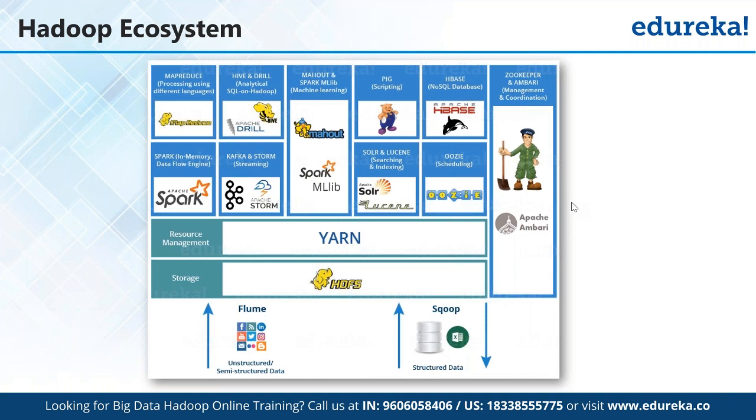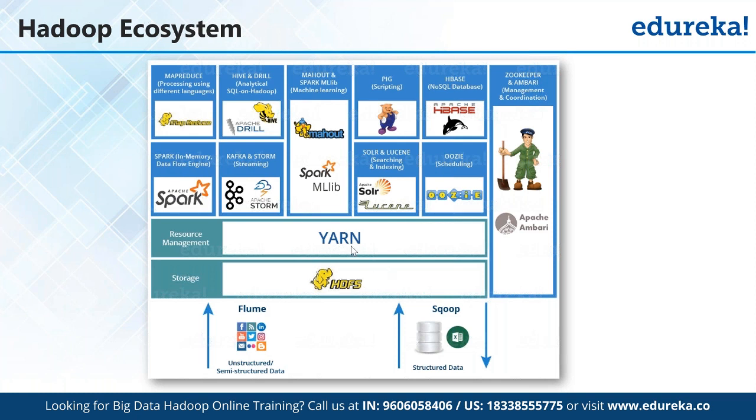So with that, finally, I'll just show you this framework. These are some of the tools that we cover as part of our course. If you join us, these are the Hadoop framework tools. Flume and Sqoop are ingestion tools, how you bring data into HDFS and store it.